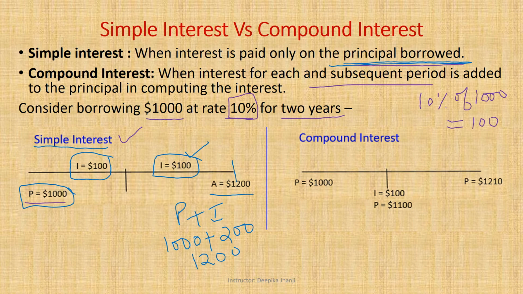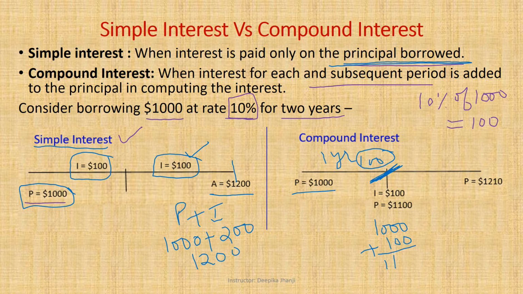In case of compound interest, interest is compounded annually, right? So our principal is still same. By the end of first year, we're going to pay $100 extra, right? At this point, our principal will change. Our principal will become the previous balance, which is 1000, plus the interest of this period, which is 100.